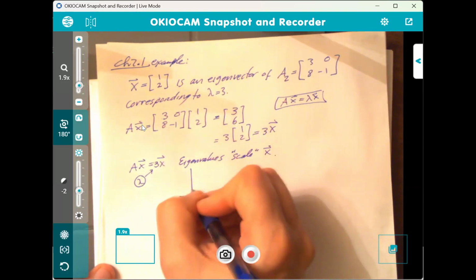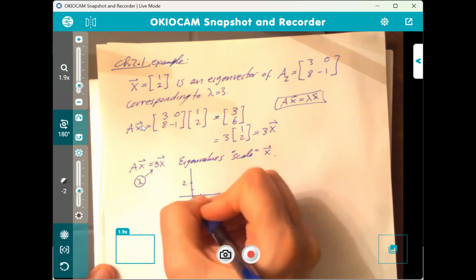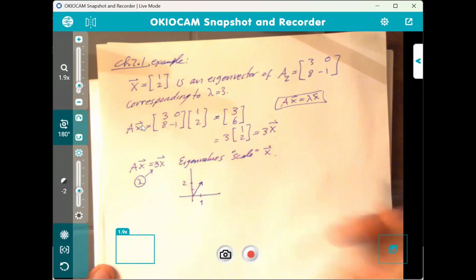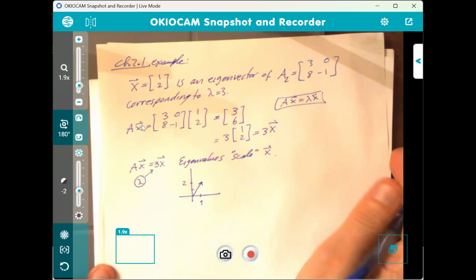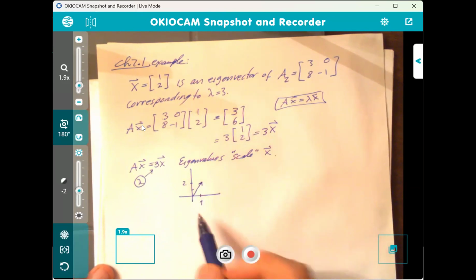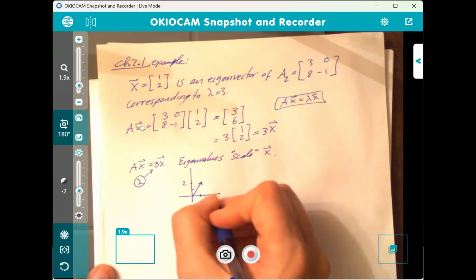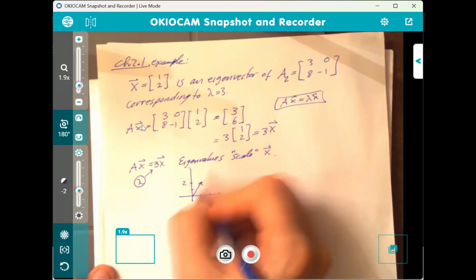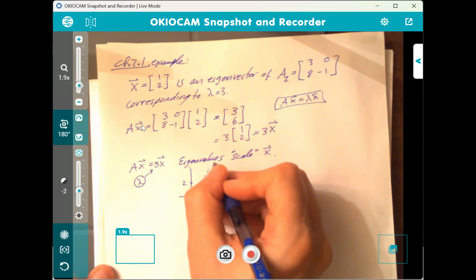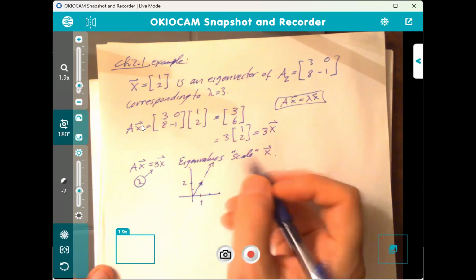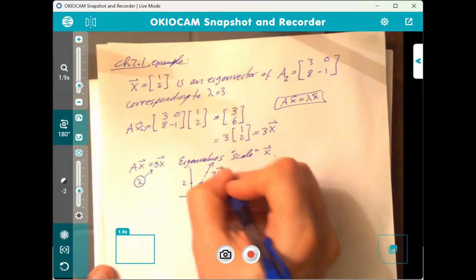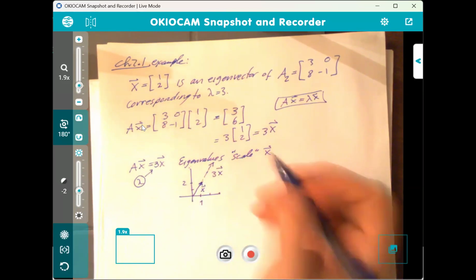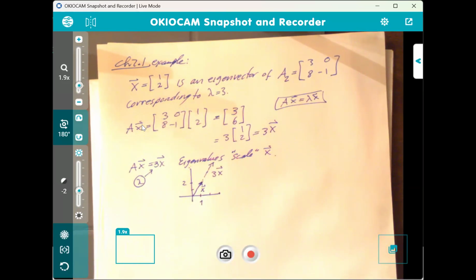Here's 1, here's 2. That's that one. Now it's 3 times the size, right? It's 3, 6. I suppose 6 is up here now, has to be in that direction. This is going to be 3 times x if that's x. So that's what that does. It scales it and it keeps it in the same direction.